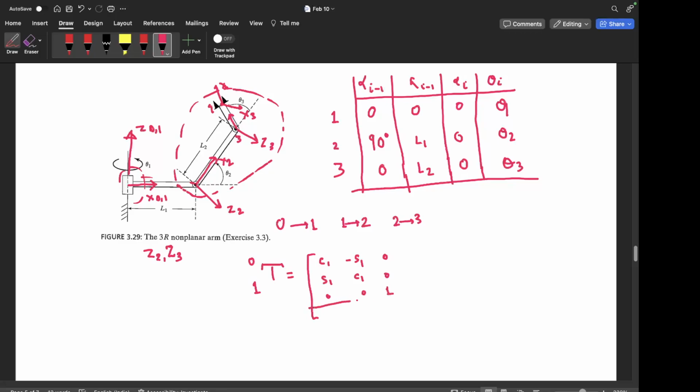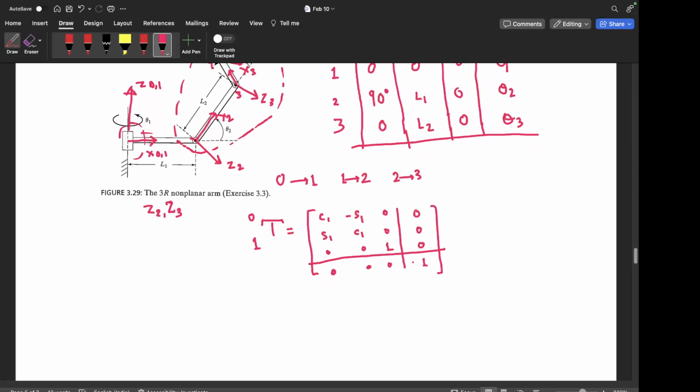This is the rotation matrix part. Finally, this part is the location of the origin, right? Since the origins of 0 and 1 are coincident, this is all zeros. So this is T 0 1.